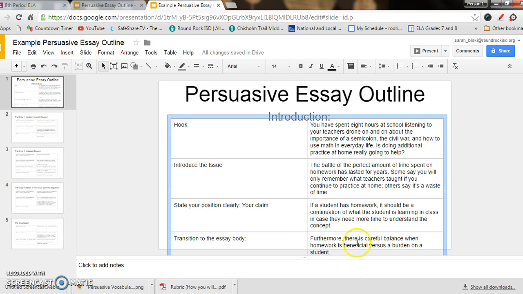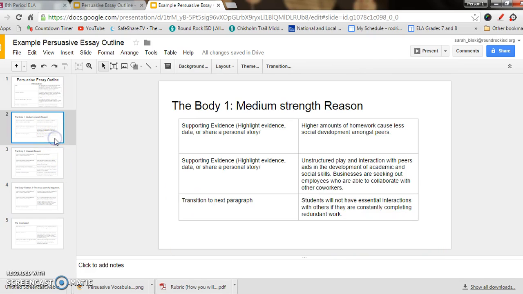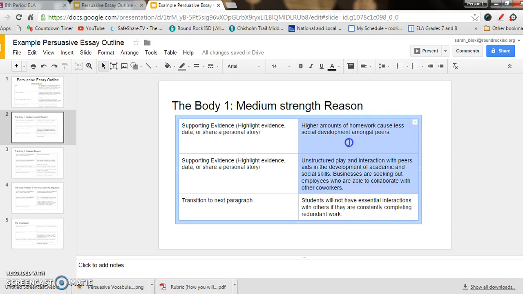Furthermore, there is a careful balance when homework is beneficial versus a burden on a student. This kind of leads into my next reasoning about the burden of students not having a good social development.